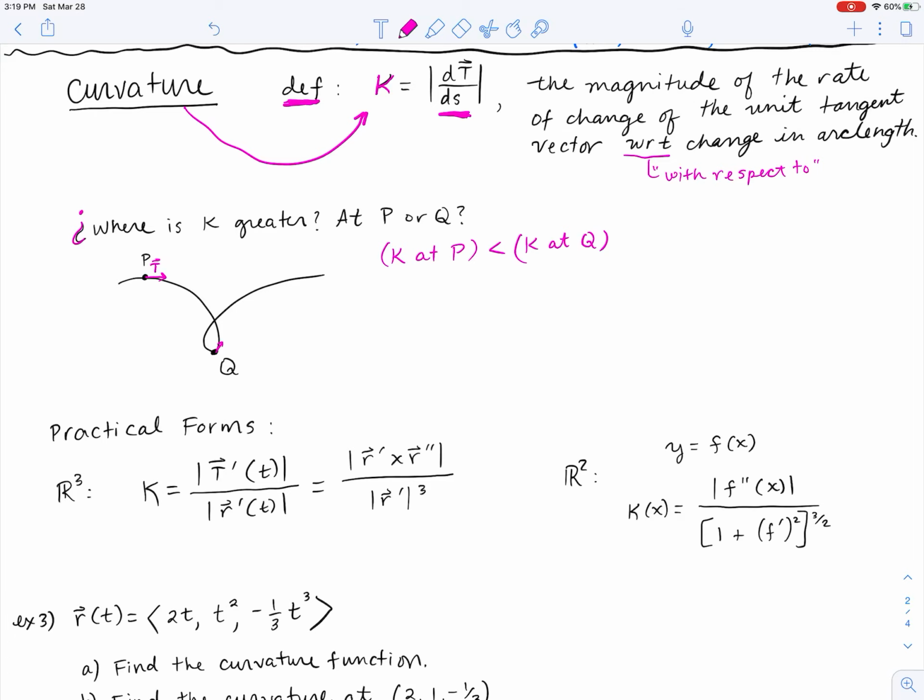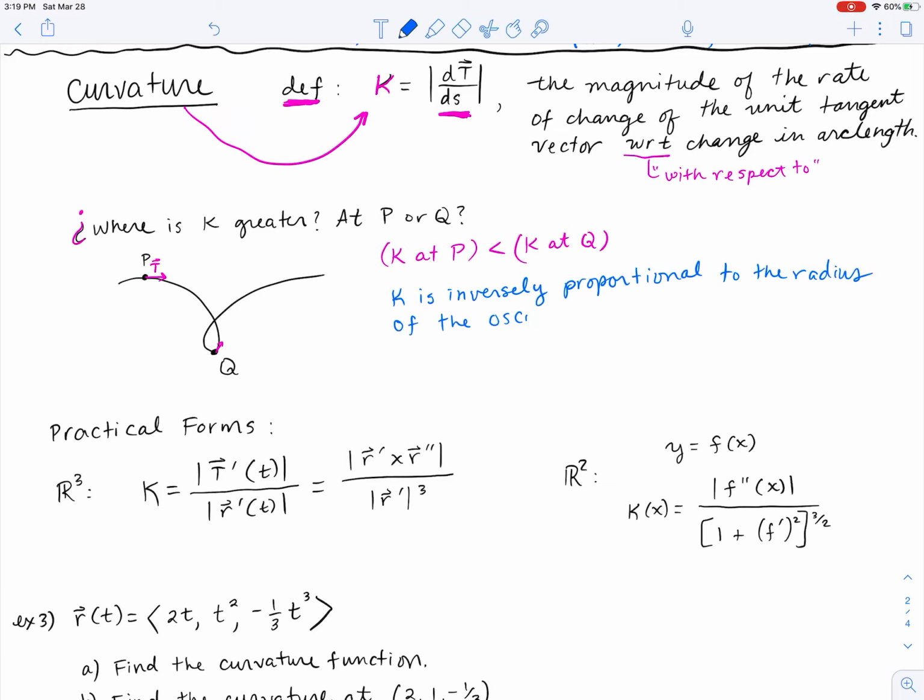There's another way of looking at this, which I think is helpful: curvature is inversely proportional to the radius of the osculating circle. It's osculating, not oscillating.